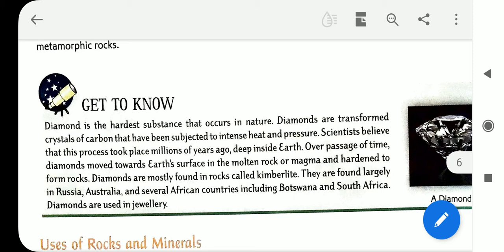in the molten rock or magma and hardened to form rocks. Diamonds are mostly found in rocks called kimberlite. They are found largely in Russia, Australia, and several African countries, including Botswana and South Africa.